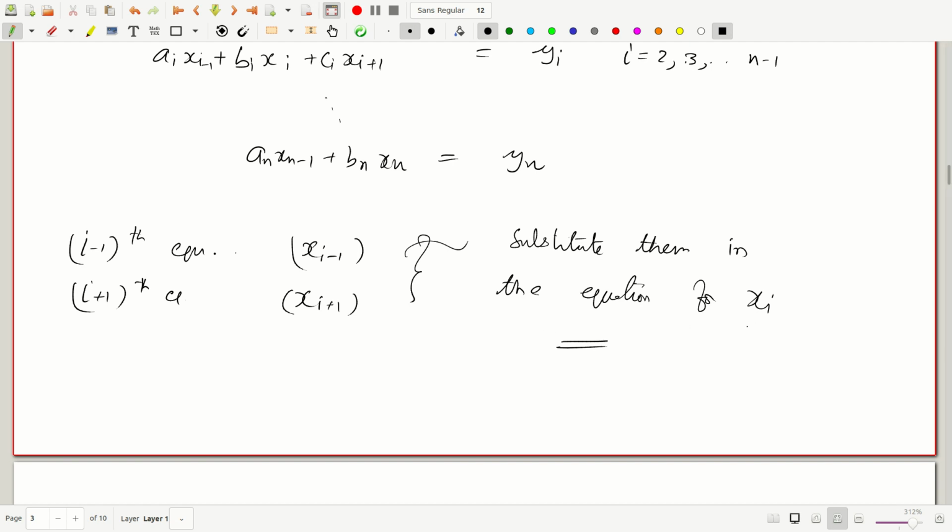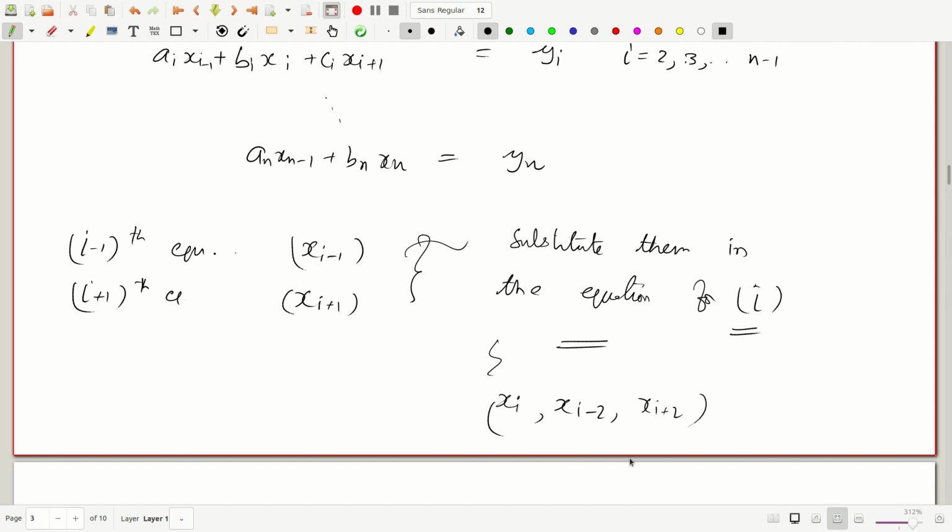Once you do this, the final equation would now contain xi, x(i-2) and x(i+2), instead of x(i-1) and x(i+1). Now we will see how that is going to work.